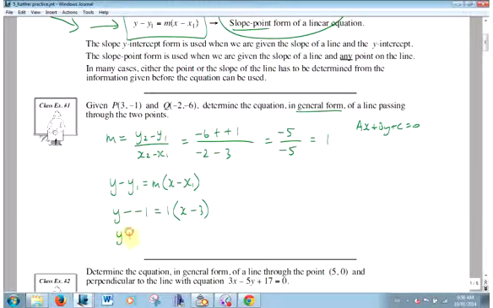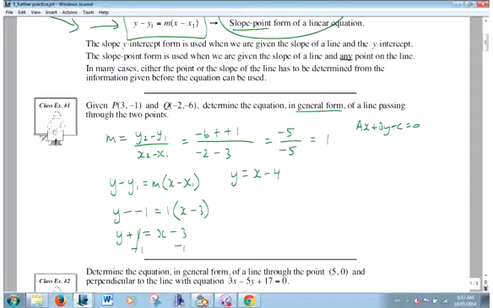So y plus 1 is 1 times x, which is x. 1 times negative 3 is minus 3. That's still the equation of this line. That's not in any form at all, really. Okay? So there's a number, there's a number. Let's minus 1 from both sides to collect them. So we got y is x minus 4.